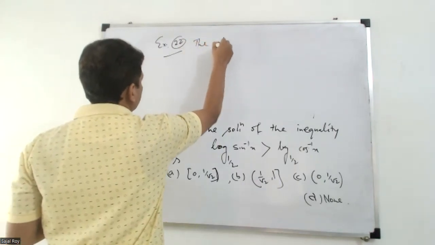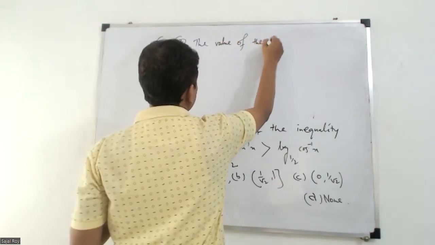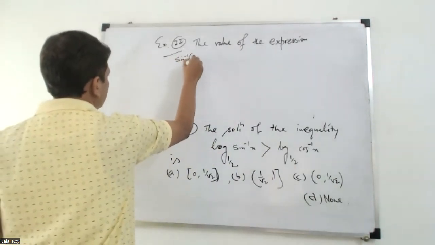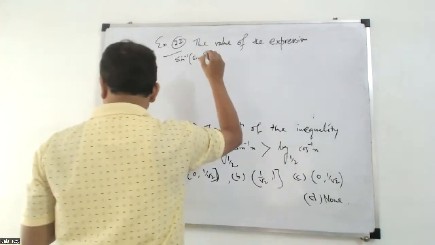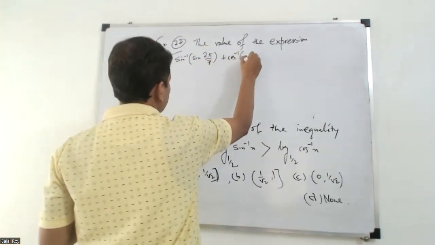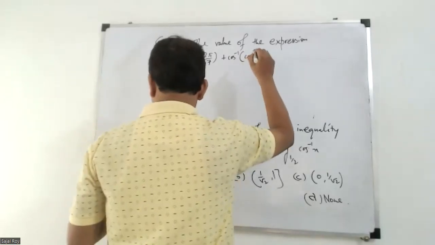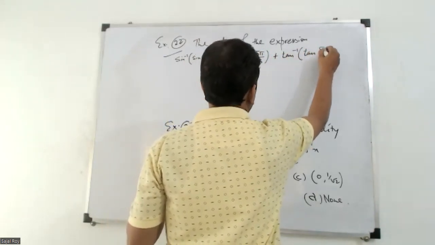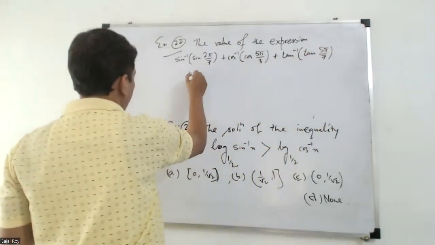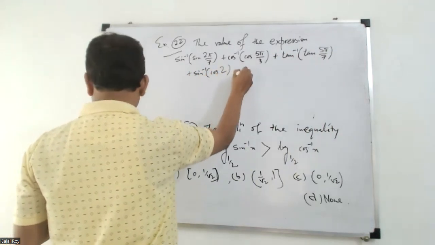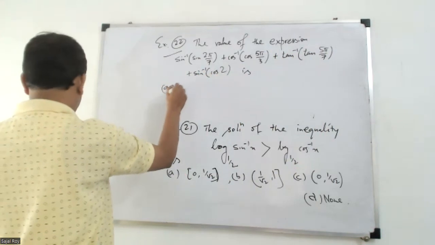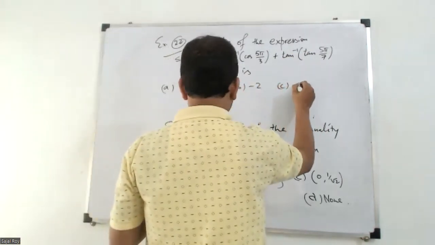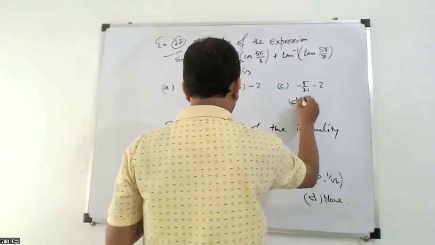The value of the expression sin inverse sin 2 pi by 7 plus cos inverse cos 5 pi by 3 plus tan inverse tan 5 pi by 7 plus sin inverse cos 2 is: 17 pi by 42, minus 2, minus 5 by 21 minus 2, and option D is none.